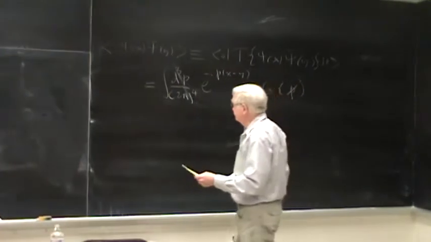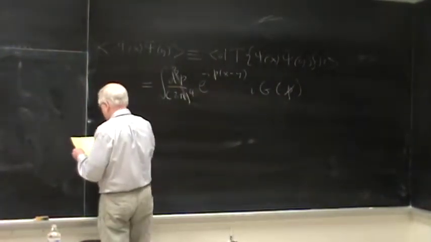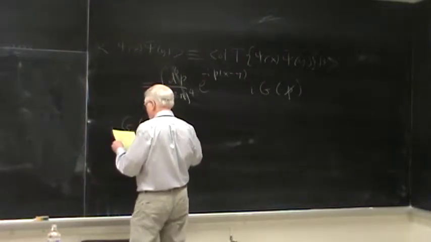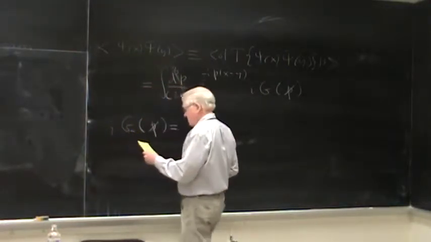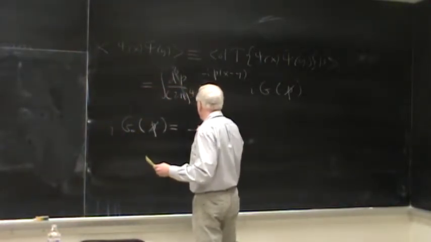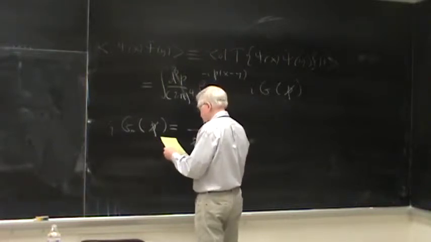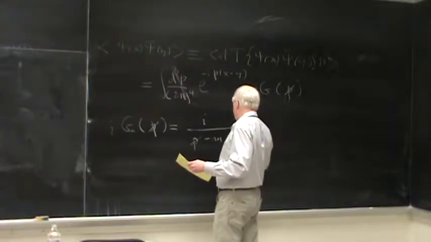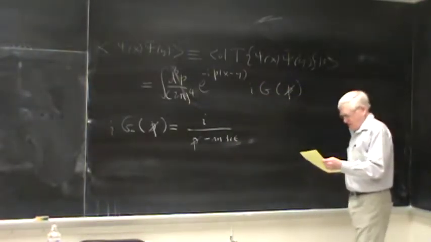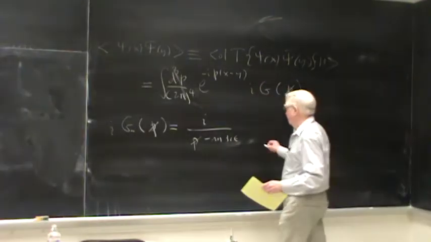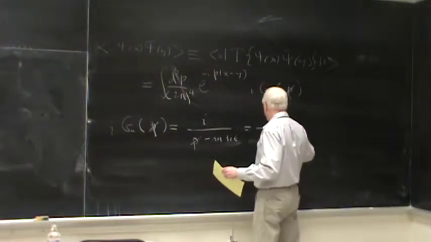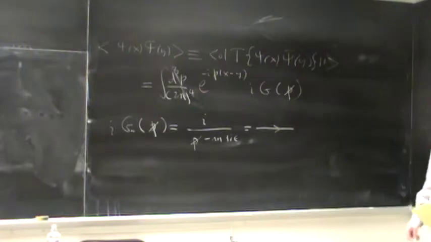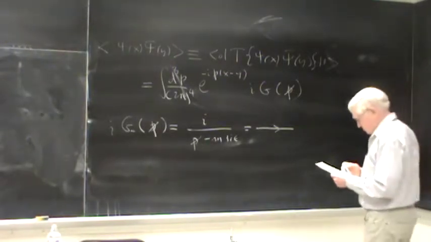And what we know from last semester is that G0 of p slash, or iG0, is 1 over p slash minus m. I guess I could put plus i epsilon, just for completeness, and that symbolically is written in the Feynman diagram as just a line.